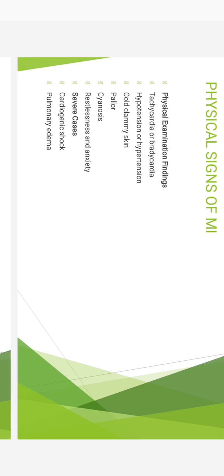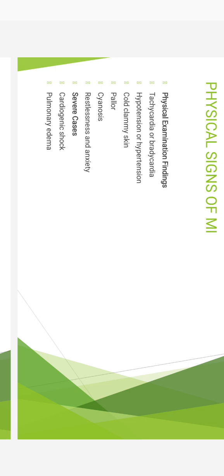Next, physical signs of MI. Physical examination findings vary depending on the severity of myocardial infarction. Patients may appear anxious, restless, and sweating. Cold, clammy skin is commonly observed due to sympathetic activation. Heart rate may increase, causing tachycardia, although some patients may develop bradycardia.